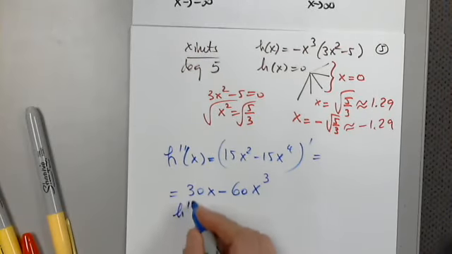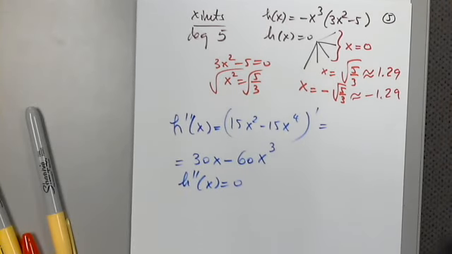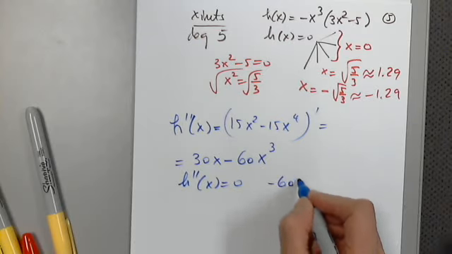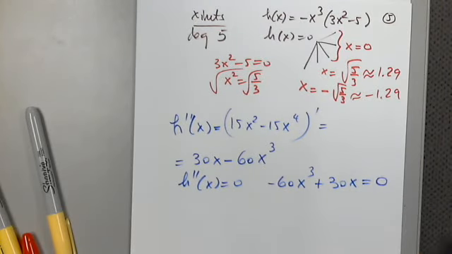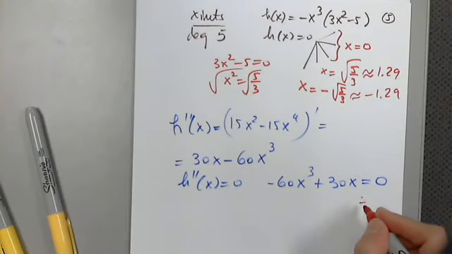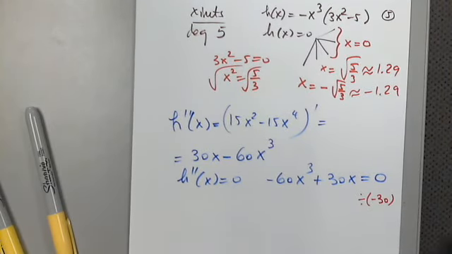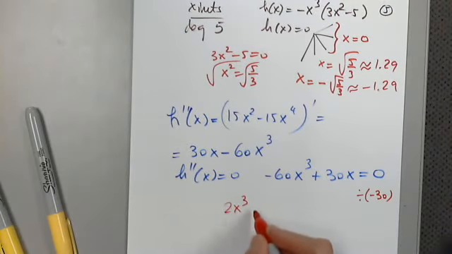We are going to solve the equation second derivative equals 0. So negative 60x cubed plus 30x equals 0. I know you know that I'm going to divide both sides by negative 30 and get 2x cubed minus x equals 0.